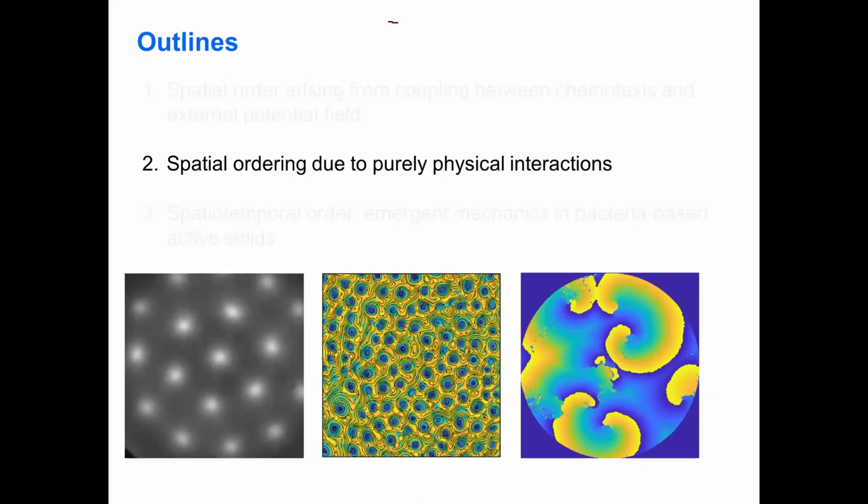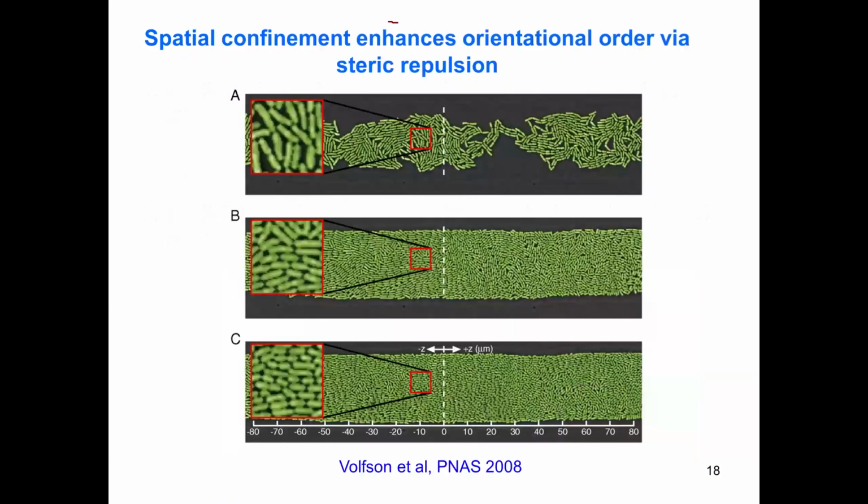So for the next part, I would like to switch to a mechanism we recently found via which purely physical interactions can lead to large-scale order in bacterial living matter. We know that a simple spatial confinement can order active matter.